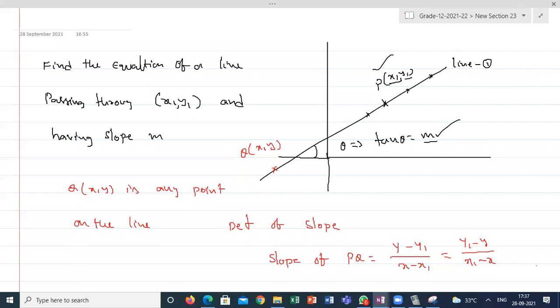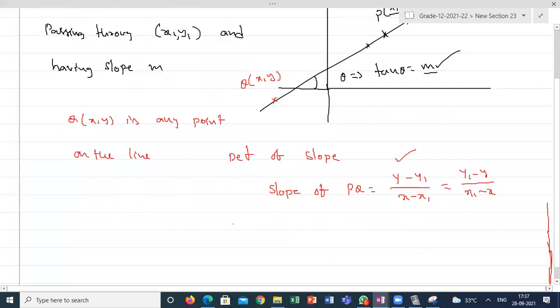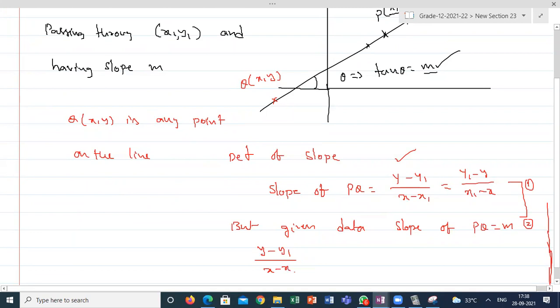For convenience, the textbook gives it like this, which is why I am taking it. They gave (x0, y0) as the given point, but I am taking (x1, y1). But in the given data, the slope is m, so the slope of PQ is m. So I can equate these two expressions. Then I can write (y minus y1) divided by (x minus x1) is equal to m.